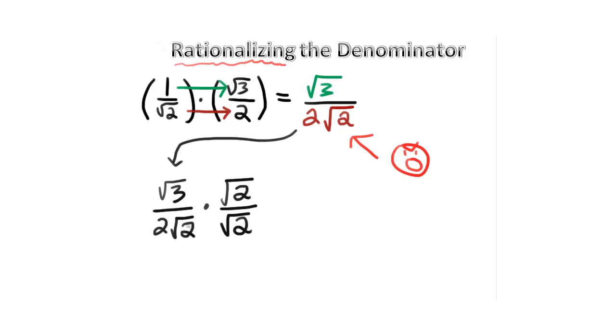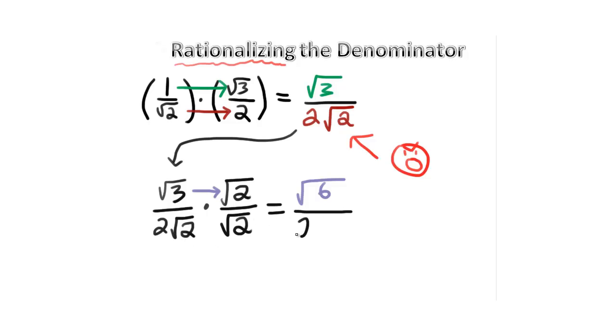Because that's the radical. And we know that radical 2 with radical 2 is just 1, so we're not changing the original number here. Mathematically, that's okay. So now this becomes radical 3 times radical 2. If we multiply these two here, we're going to get radical 6.